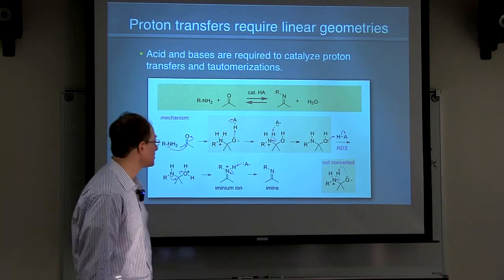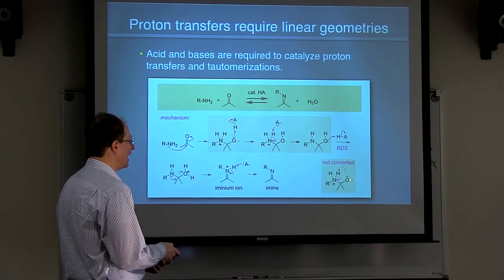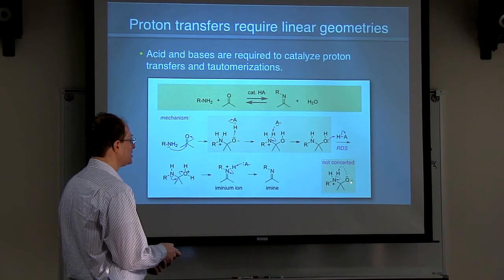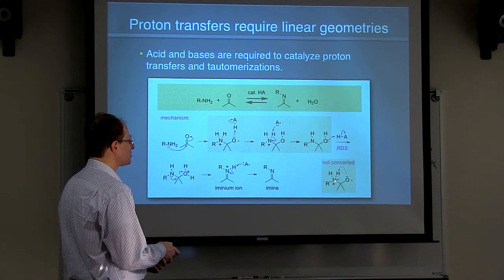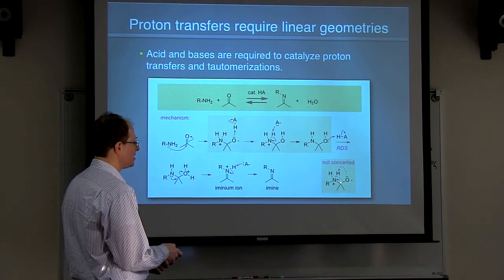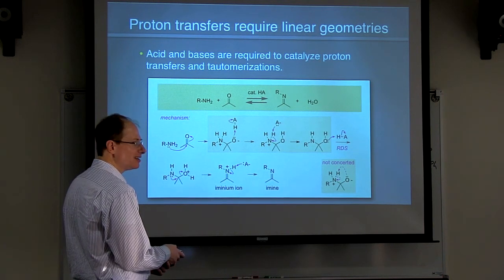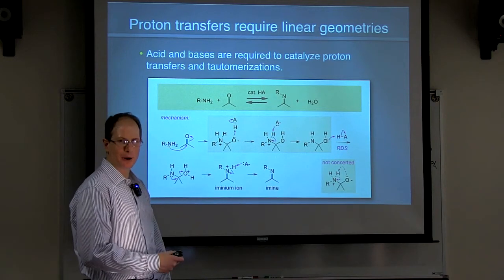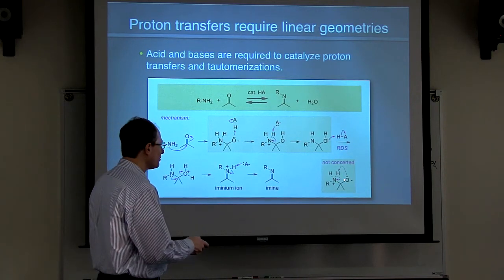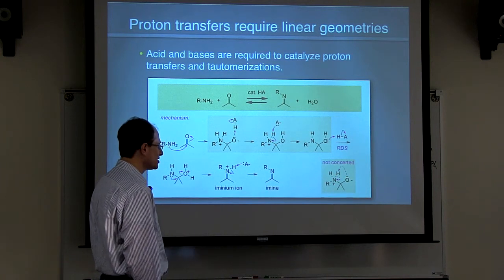I know it was cool back then to show a proton transfer as a neighboring oxygen, say, picking up a proton over here on the nitrogen, and you have this completely ridiculous and totally crazy four-membered ring transition state. It galls me to even say this. Can you imagine four atoms getting together to form some sort of very strained four-atom ring transition state?